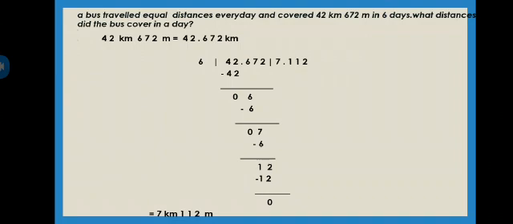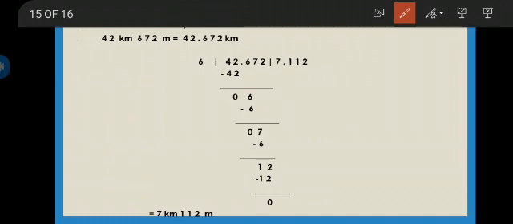So, the bus covers equal distances every day and covers 42 kilometers 672 meter in 6 days. So in 1 day how much distance did the bus cover? So you have to divide it. First you convert the 42 kilometer 672 meter into kilometer.